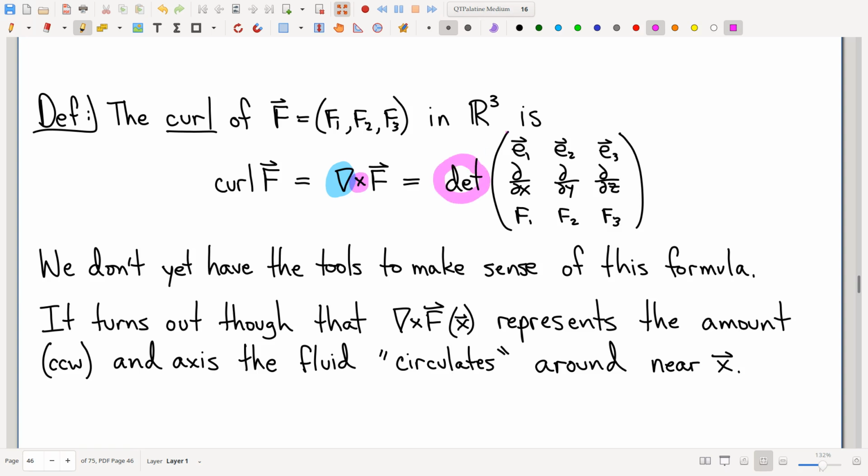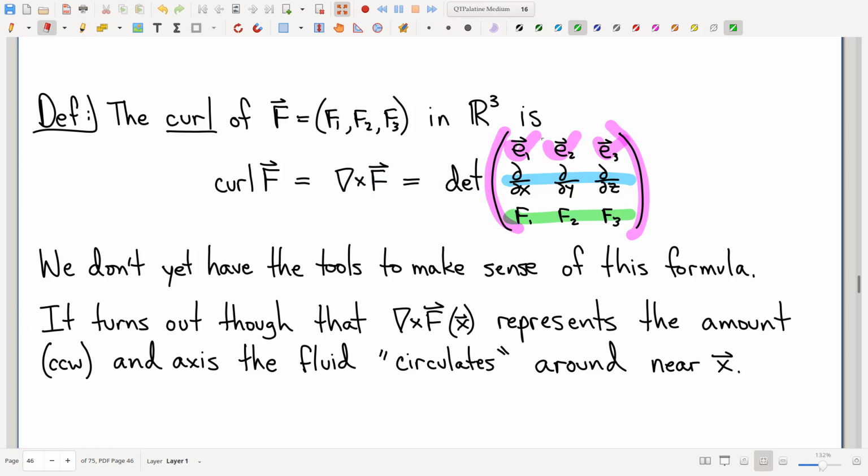Remember, the way we do cross product is like this. You put the standard basis vectors across the top, and then the first vector goes in the first remaining row, and then the second vector, the vector field in this case, goes in the last row. So that's just the formula for cross product.